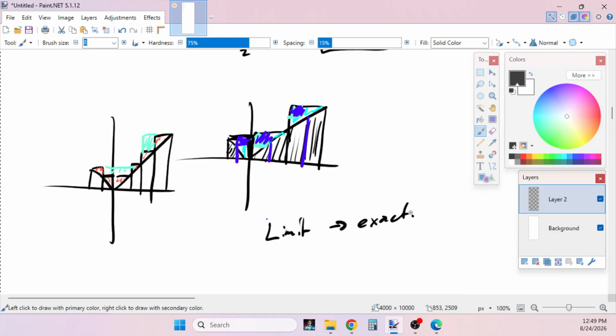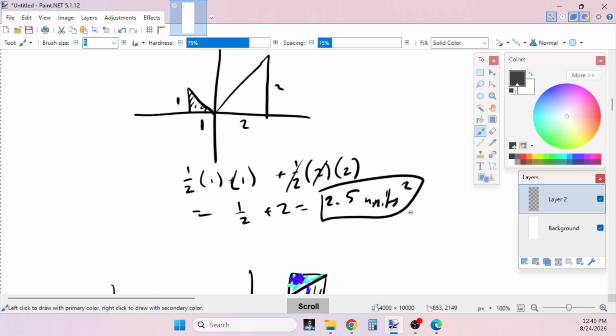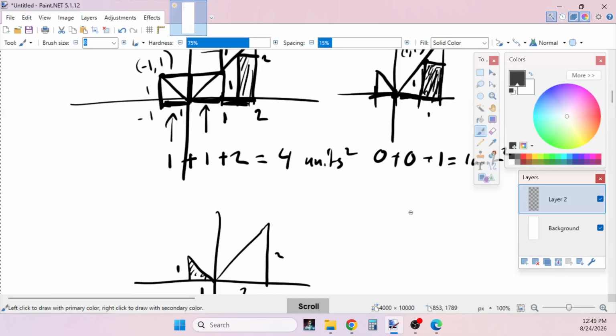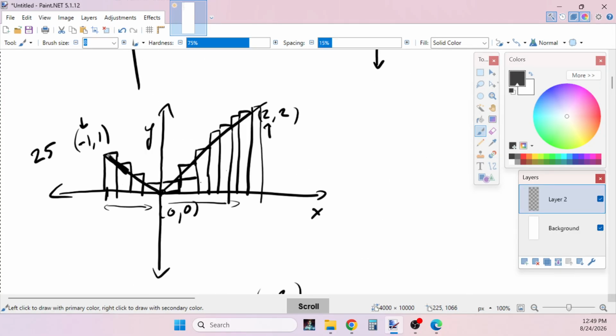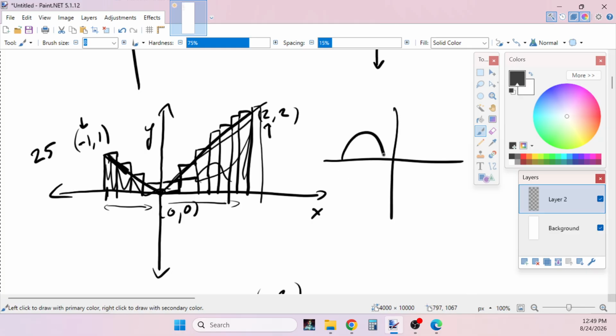And you might wonder, why do we want to do this for things that we can solve in geometry? The answer is you don't. You'd rather use geometry for the things that can be solved with geometry. These are nice straight lines. You should use geometry on that. Problem is, what happens when our functions aren't straight, and we need to find areas that are not nice geometric shapes like we studied in geometry?